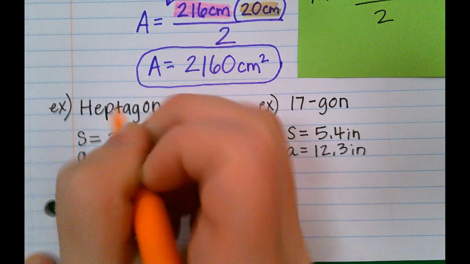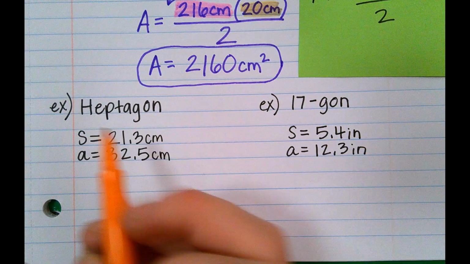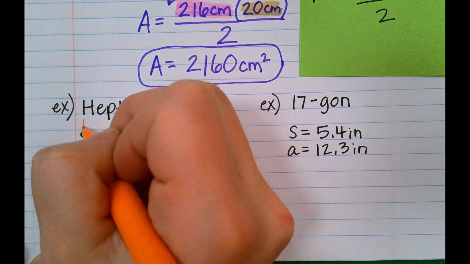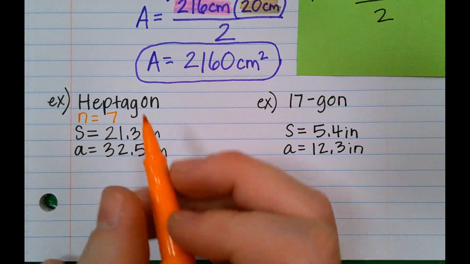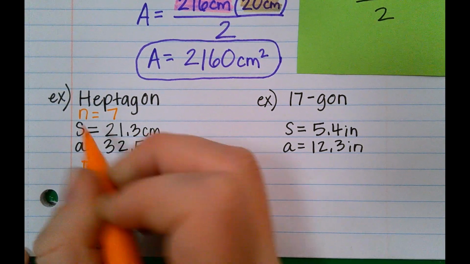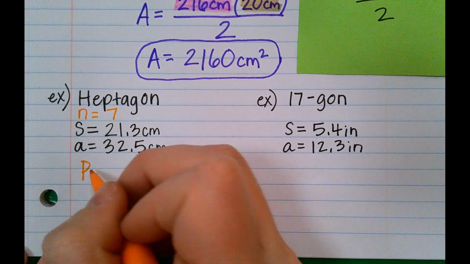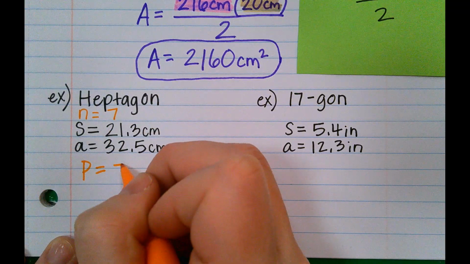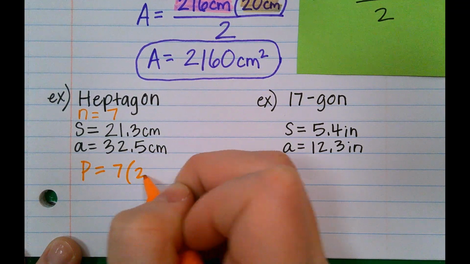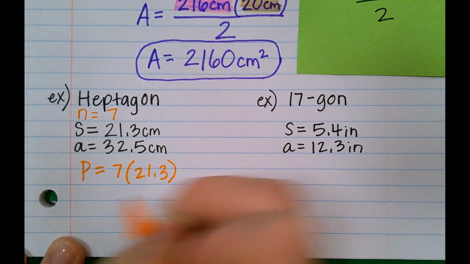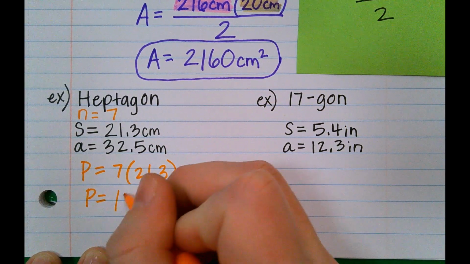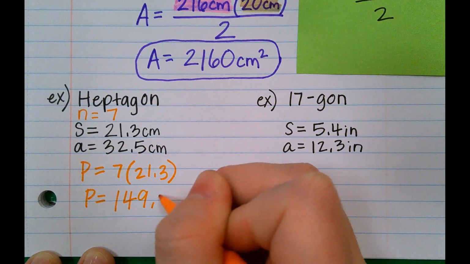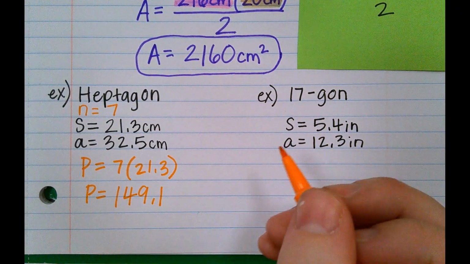What did we just find? Perimeter. Okay, so I'm going to write all that down. A heptagon has 7 sides. So the number of sides is 7. To find the perimeter, we do n times s. So 7 times 21.3. And our perimeter is 149.1. What are my units?